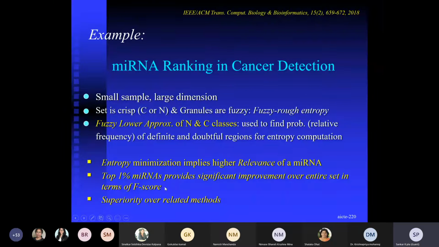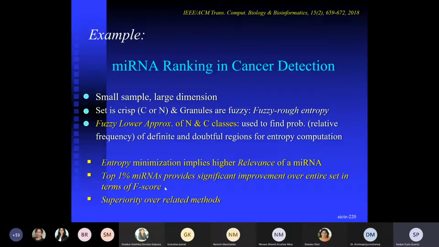Maximizing F score means you want to be sure that a cancerous patient is detected as cancerous and a normal patient is treated as normal. It's not just a speech recognition or image pixel recognition problem where a wrong classification is no problem.